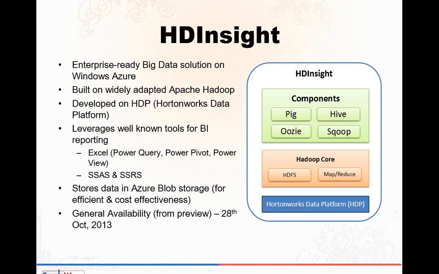The blob storage, as we all know, is the cheapest, but at the same time it is the most reliable offering from Windows Azure. So this way Windows Azure is offering all the benefits of a typical Hadoop based enterprise scale big data solution, but at the same time it is giving us cost effective and reliable storage.